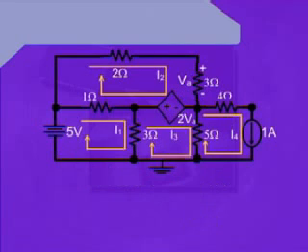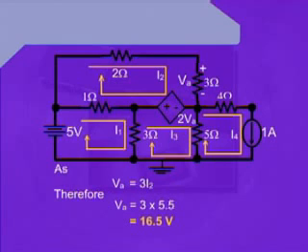Now, since we know from our earlier knowledge that VA is equal to 3I2, putting the value of I2 into this equation, we can write VA is equal to 3 into 5.5, that will be equal to 16.5 volts.